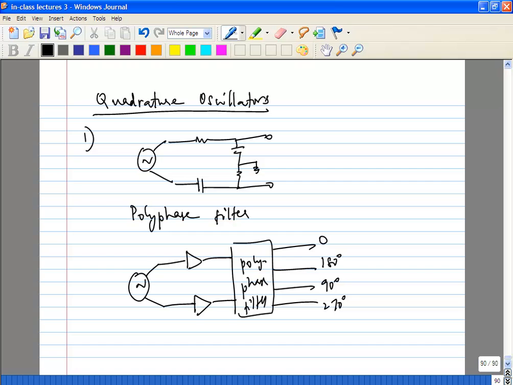Then what else? What other ways do you know? So of course the polyphase filter is going to look like this.